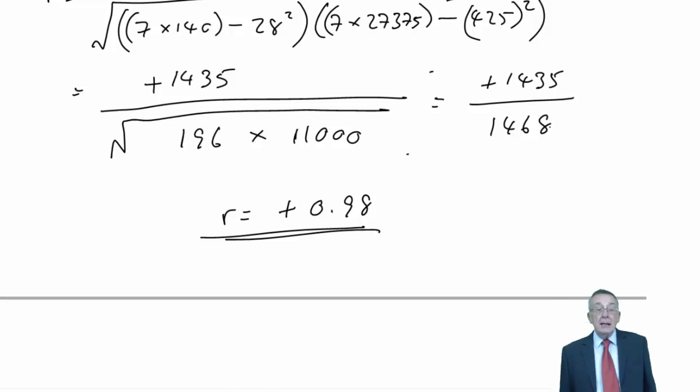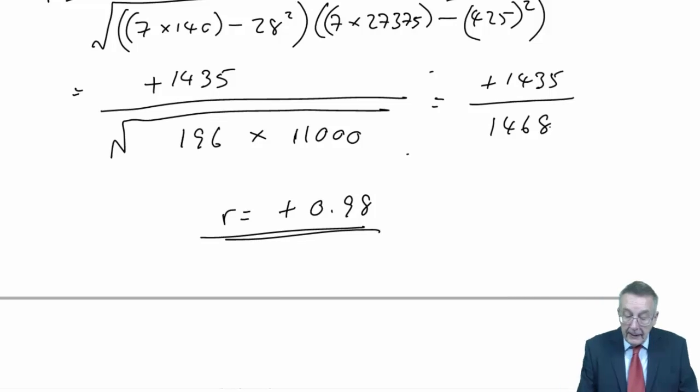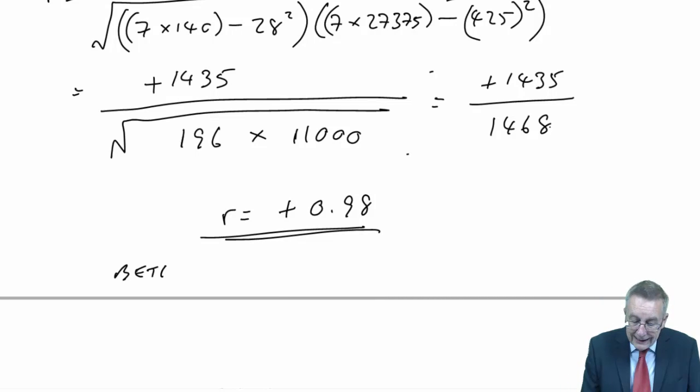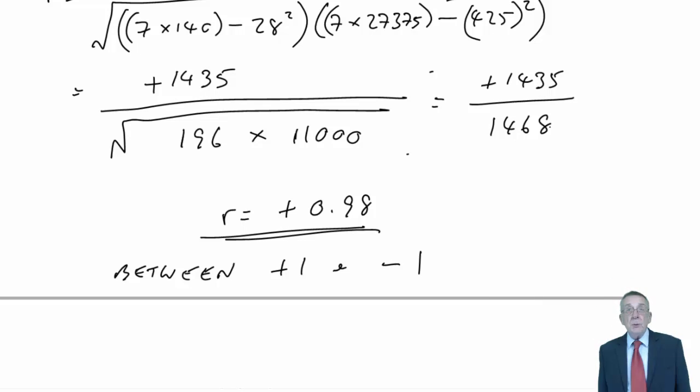Firstly, I can't prove this to you, you have to trust me, but the value for R will always be between +1 and -1. It has to be. It's always between +1 and -1, the way the arithmetic works. Here we've got +0.98. It could be +0.7, it could be -0.2, and so on.